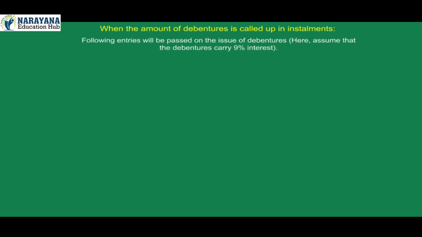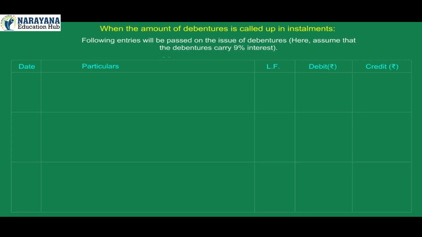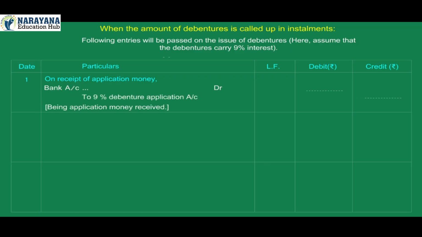When the amount of debentures is called up in installments, the following entries will be passed on the issue of debentures. Here, assume that the debentures carry 9% interest. 1. On receipt of application money, bank account debit, to 9% debenture application account credit, being application money received. 2.